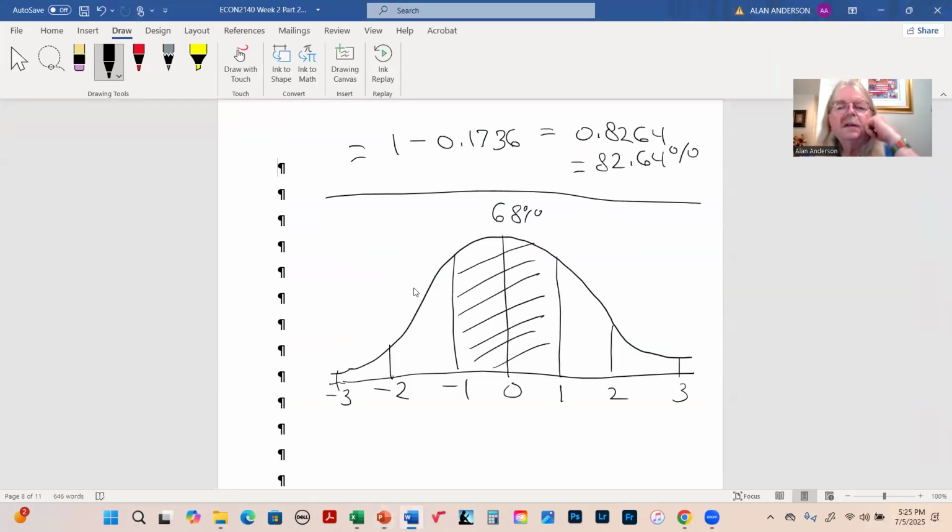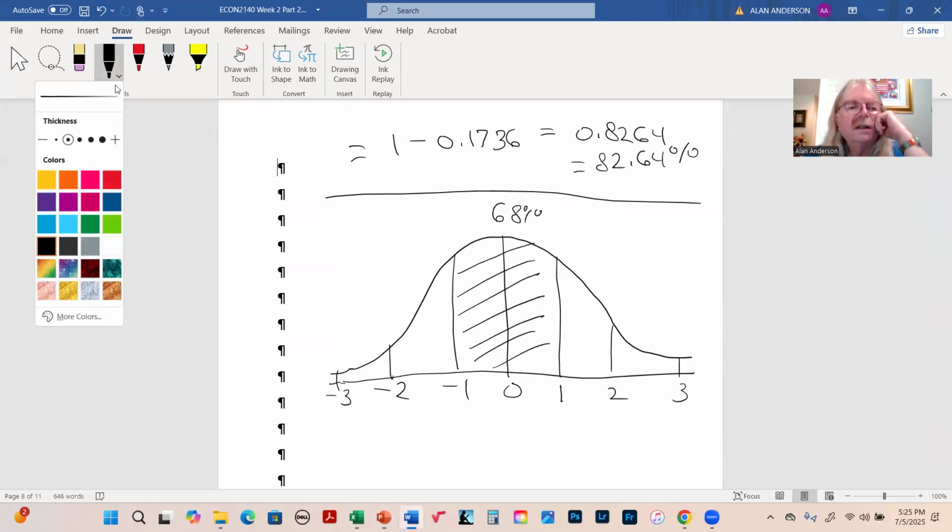Within two it is 95. I'll use different colors for that one.